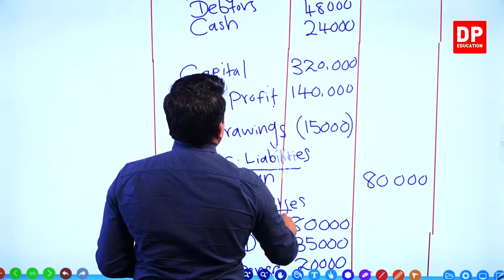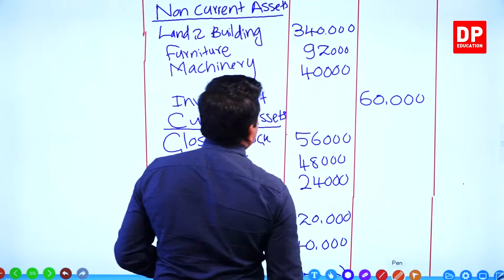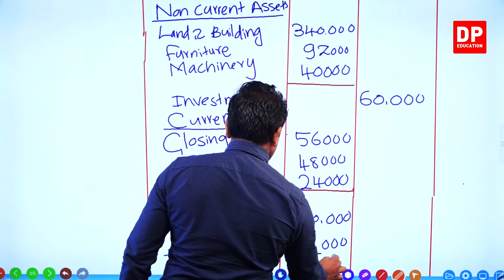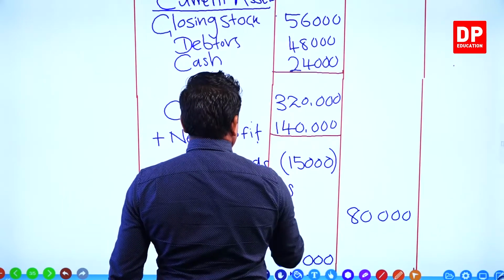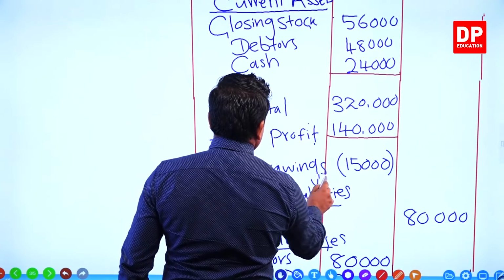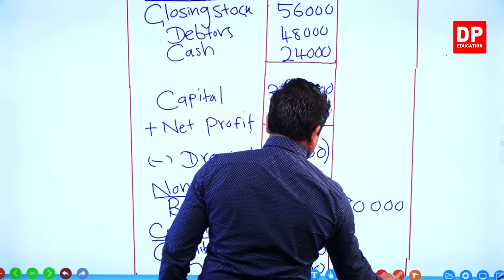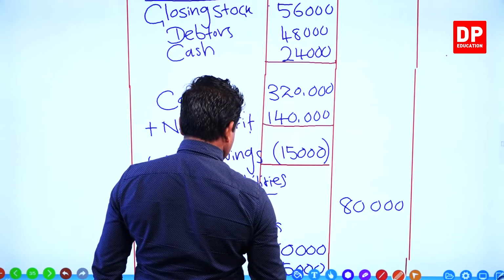First you go to the non-current assets. Then drawings are given here, then the final answer we can bring to the next like that.